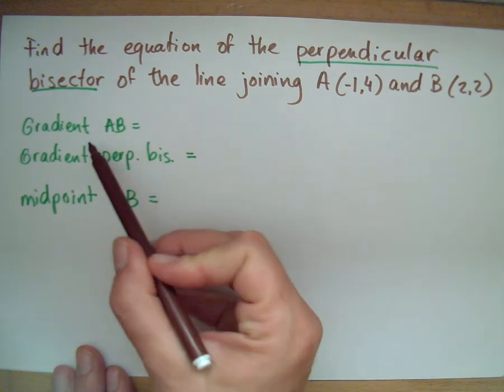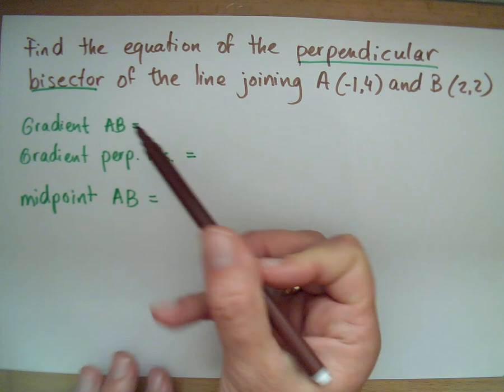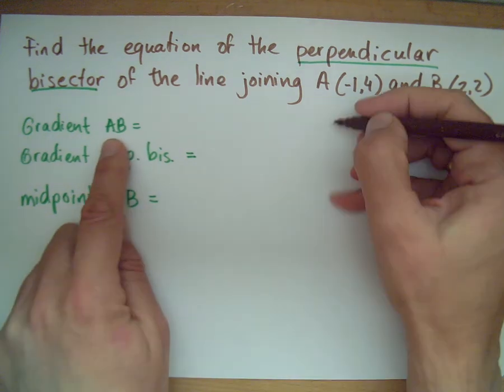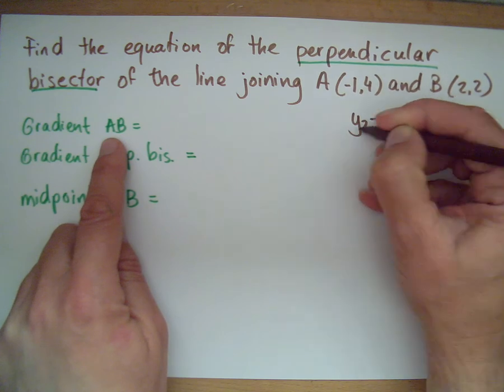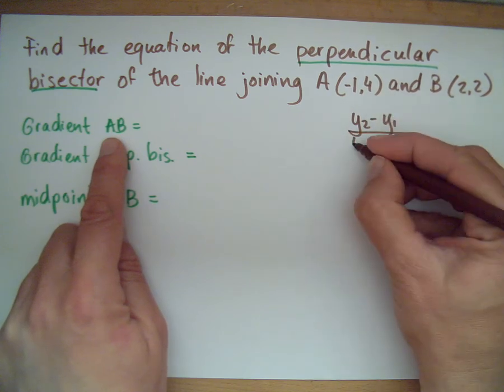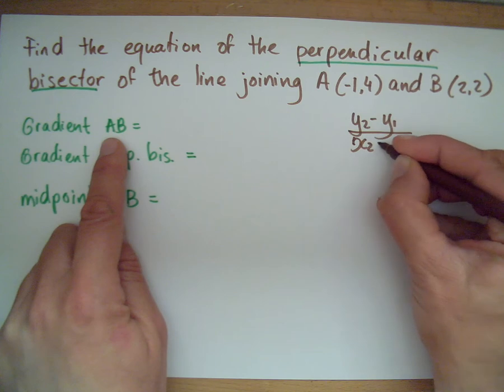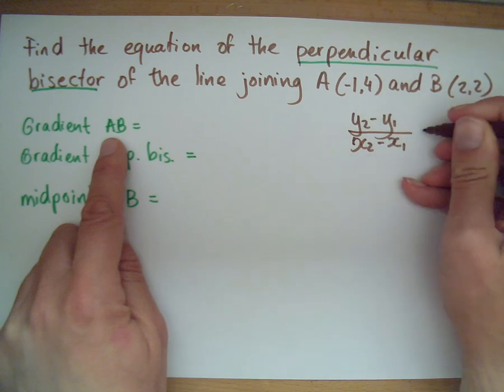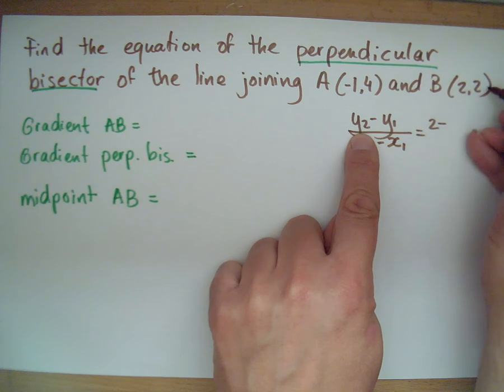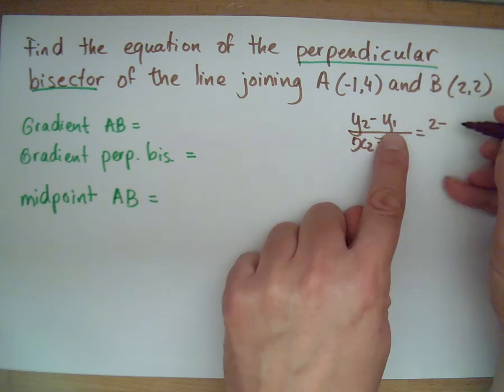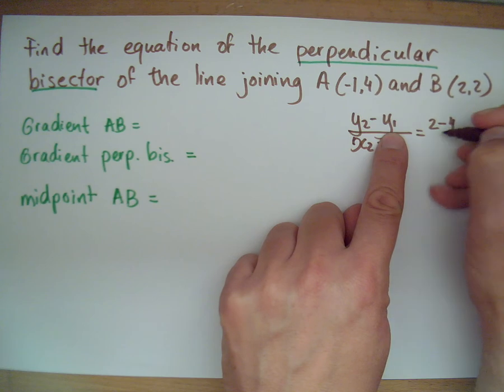Let's first do the steps that I just showed here. The gradient of AB, remember how we calculate the gradient: it is the difference between the y values divided by the difference between the x values. y2 is 2. The y of the first point is 4, so minus 4.